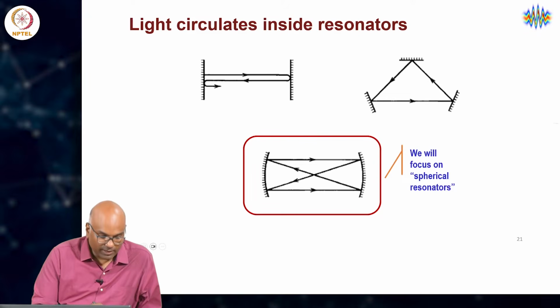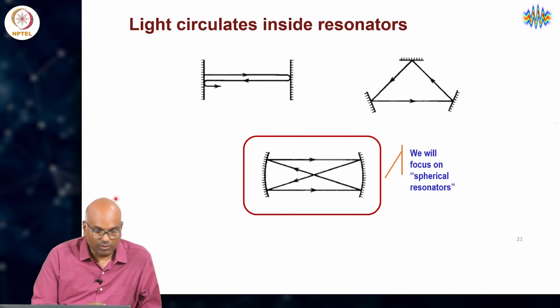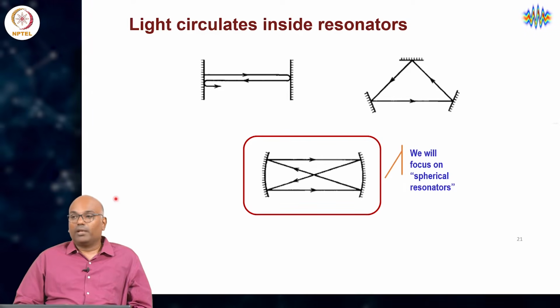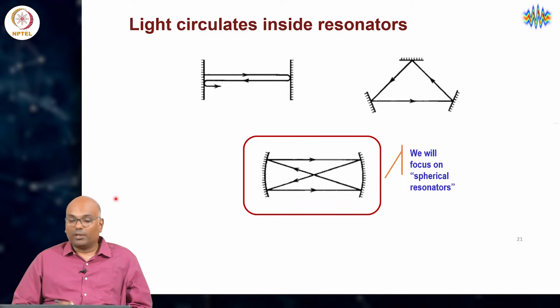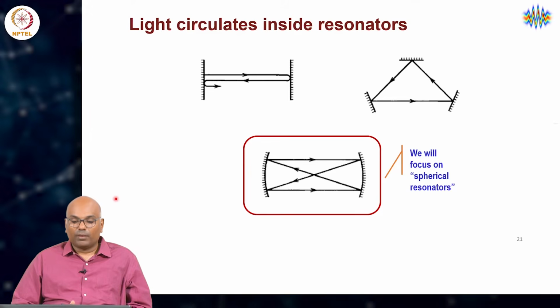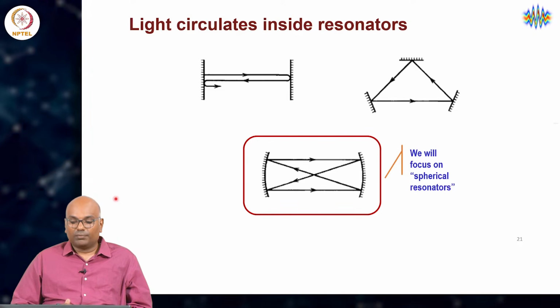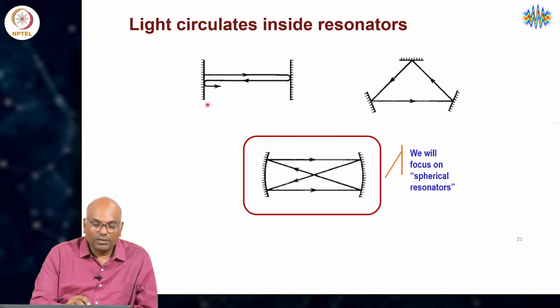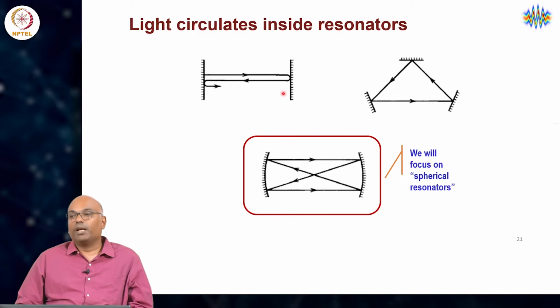So, let me next give you a few examples of how light resonators or optical resonators are formed. We began with an etalon.